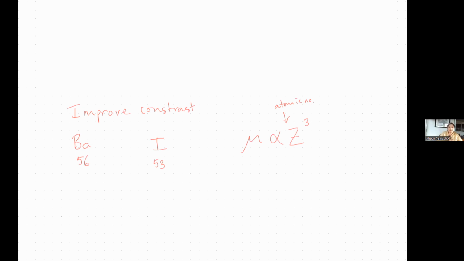And the consequence of that is that the contrast is much improved. So these bigger Z numbers give you much more absorption. And so it's like having the difference between a white bone and black soft tissues. So it gives you this ability to get a good contrast and consequently more detailed image of certain bits of you.